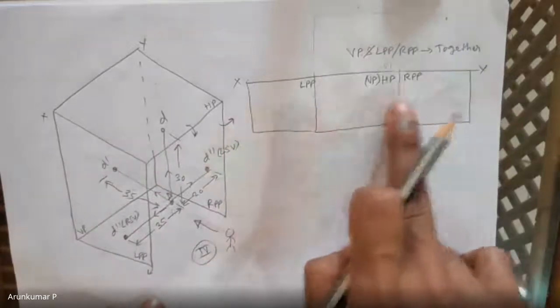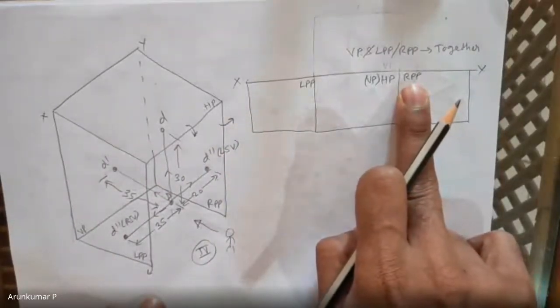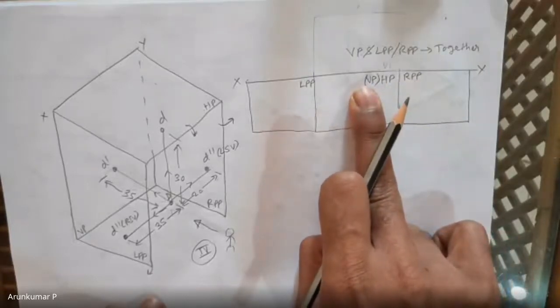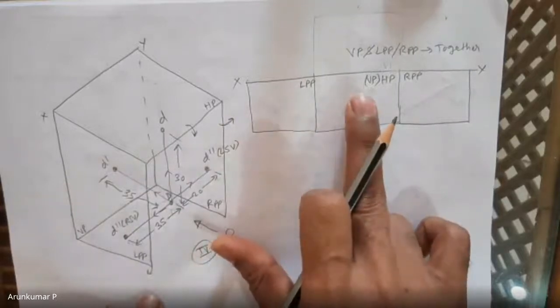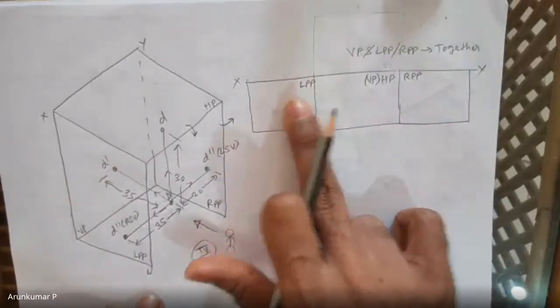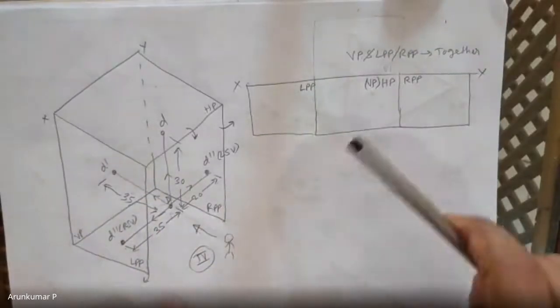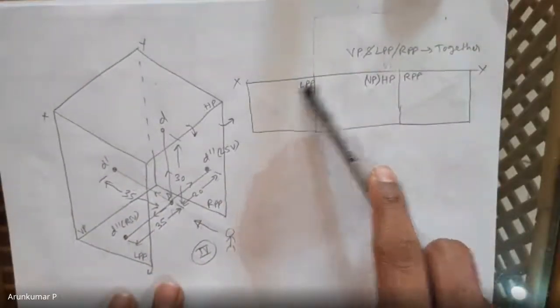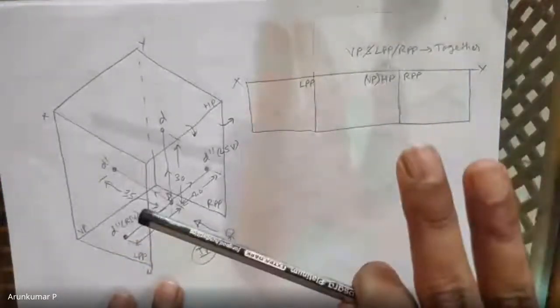So you can see, the left profile plane or the right profile plane, both of them follow the vertical plane. They are always besides it, besides VP, either to the left or to the right. Okay, so LPP is to the left of VP, RPP is to the right of VP, whichever quadrant you consider.